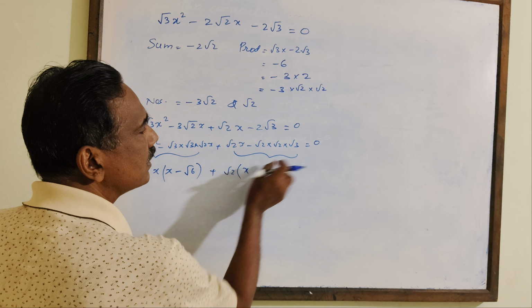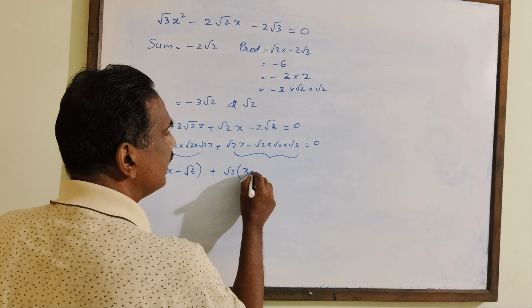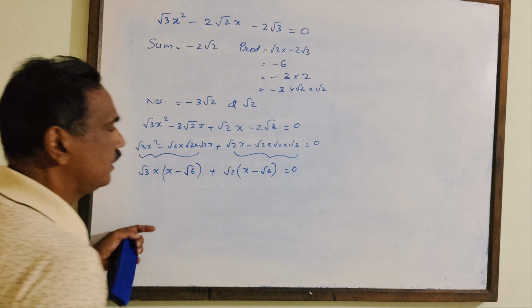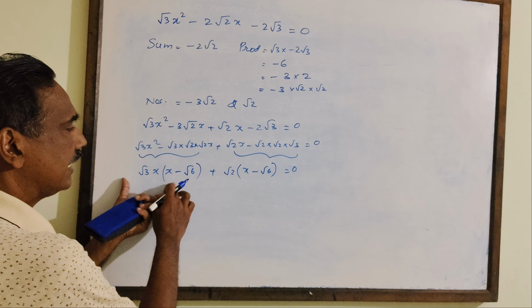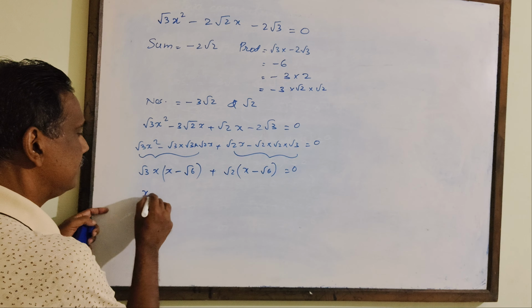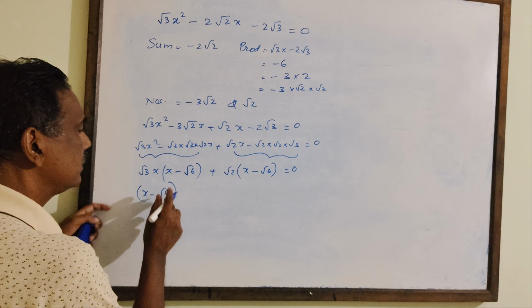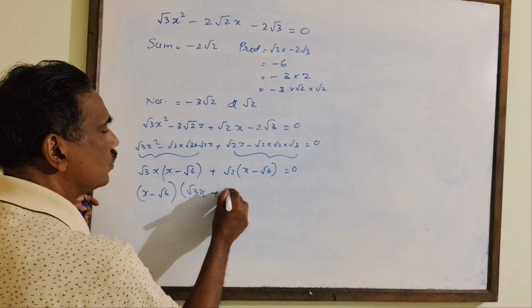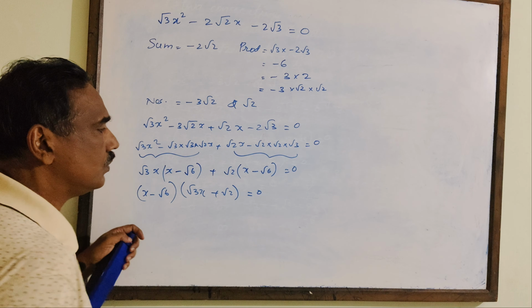From here root 2 is taken outside, remaining is root 2 into root 3, that means minus root 6 equal to 0. Compare these two terms, you can see x minus root 6 is common. X minus root 6 is taken outside, remaining is root 3x plus root 2 is equal to 0.